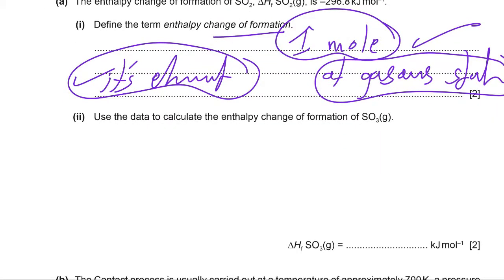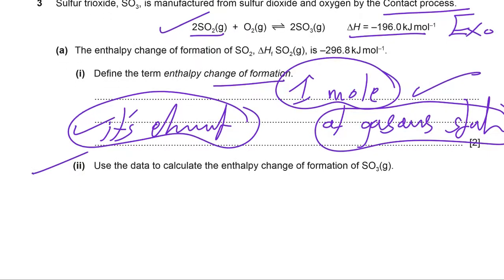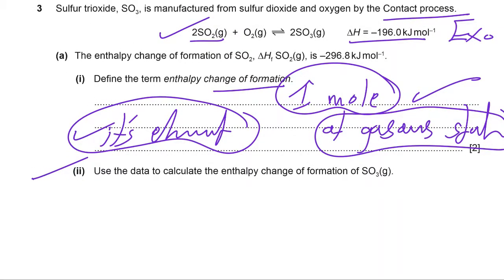Use the data to calculate the enthalpy change of formation of SO3. Now, as we have learned, SO2 is not in the formation part, it's in the reactant, so you will say 2, and the negative will be positive 296.8.